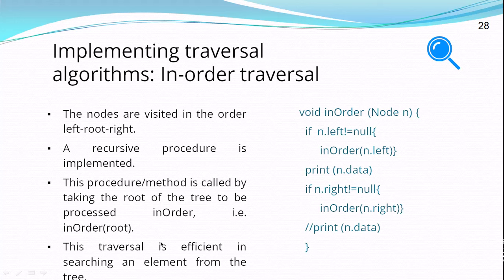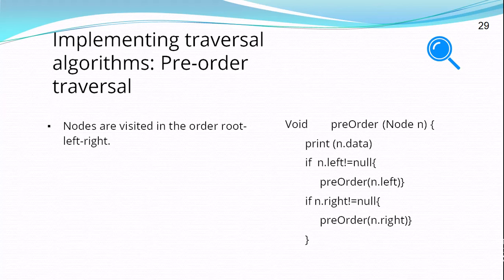Okay, so this traversal is efficient in searching for an element from the tree. I'm not going to spend much more time telling you about the three different ways of traversing a tree, but apart from this capital V, which shouldn't be here, it should be lowercase, this is almost pure Java.